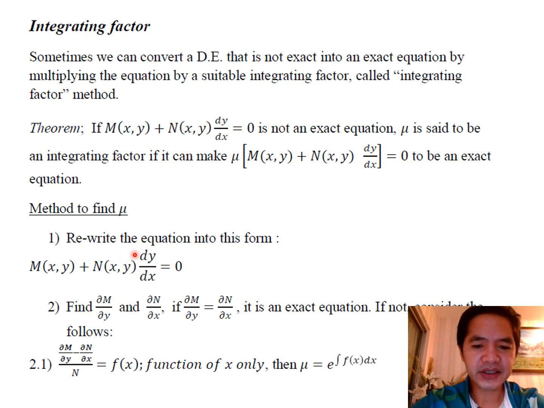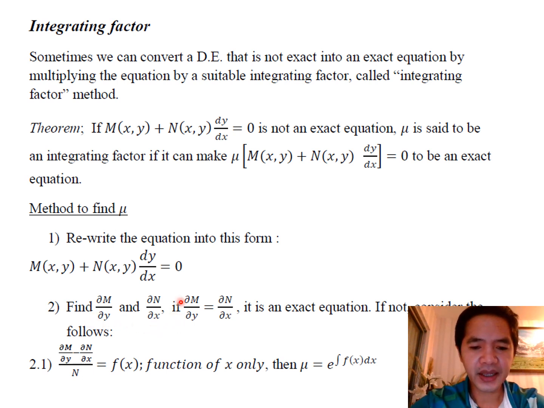First, rewrite the equation in this form, which is M function of x and y plus N function of x and y times dy over dx equal to 0. You find partial M over partial y and also partial N over partial x. You have to remember this.